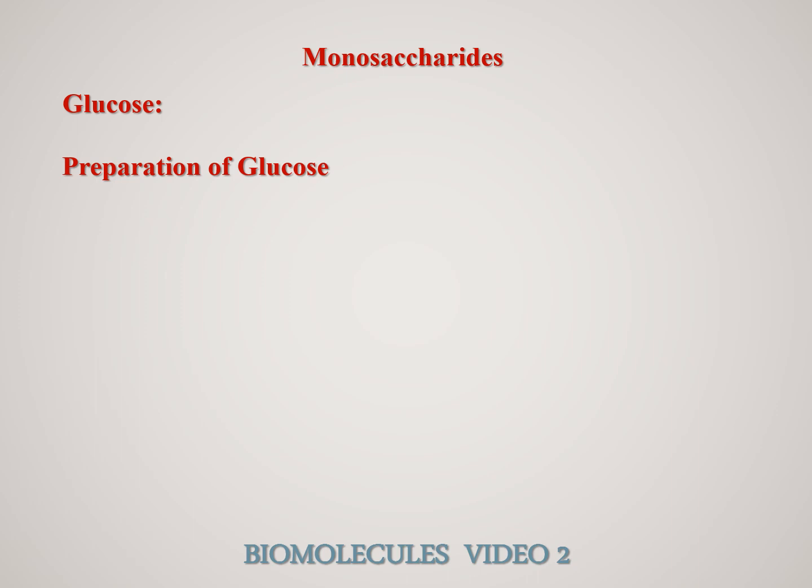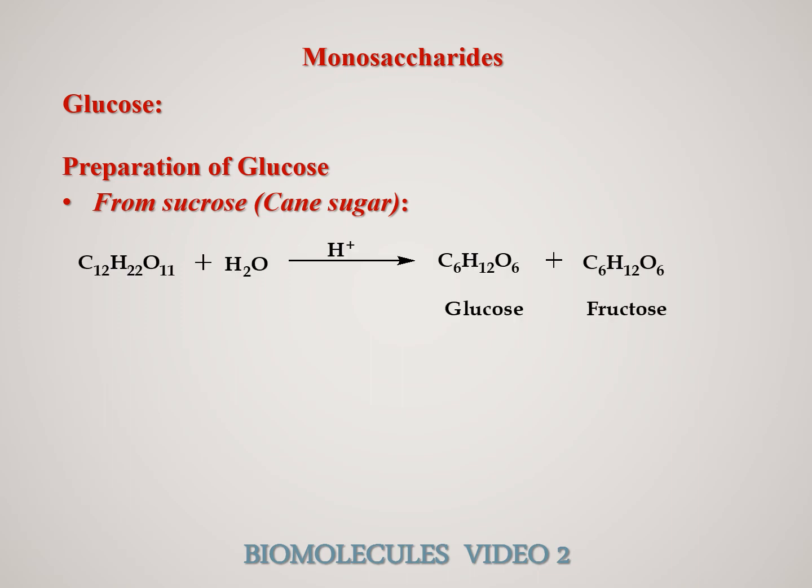Now, how do we prepare this glucose in a laboratory or any industry? So, one of the methods of preparation is from sucrose, cane sugar. Sucrose has the formula C12H22O11.